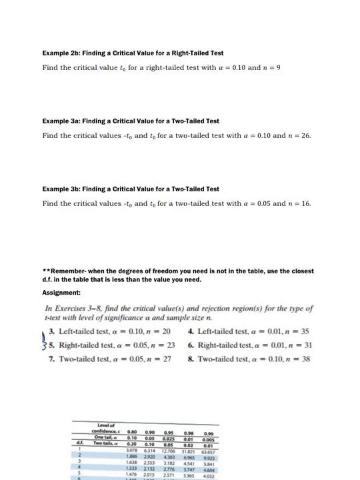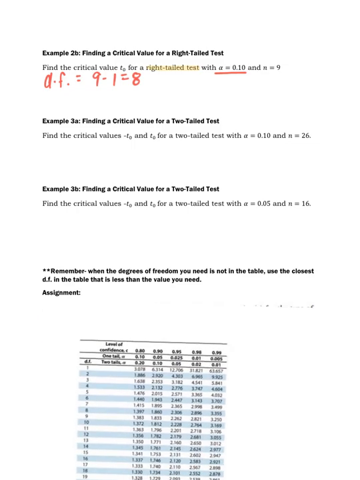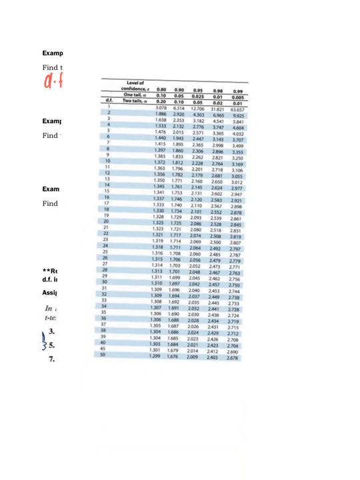Okay, next example, we've got a critical value for a right-tailed test again. We have a level of significance of 0.10, a right-tailed test, and a sample size of 9. First we find degrees of freedom. 9 minus 1 gives me 8. Next, we're going to use our chart. So we have degrees of freedom 8, one tail of 0.10 right here.